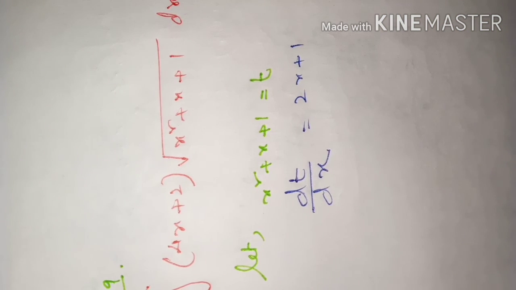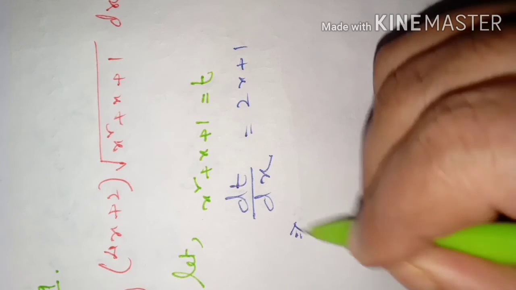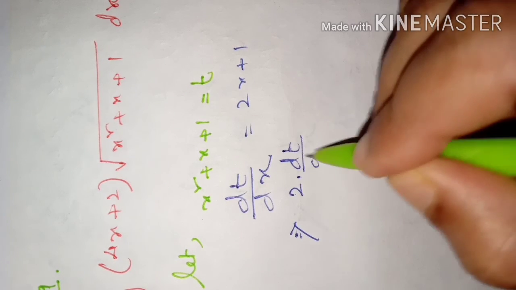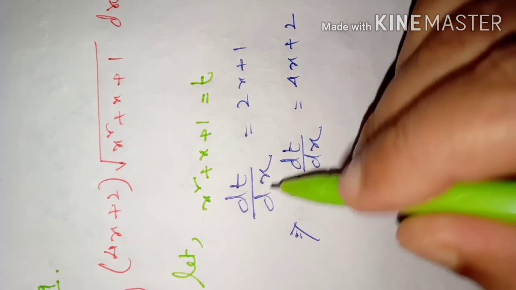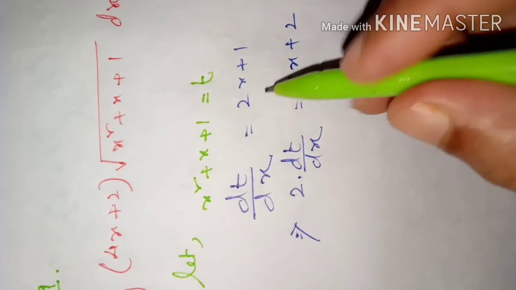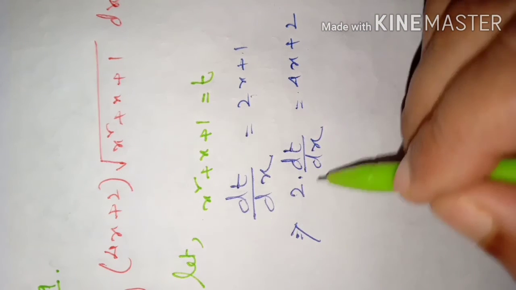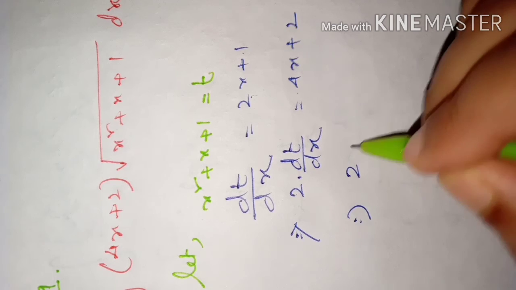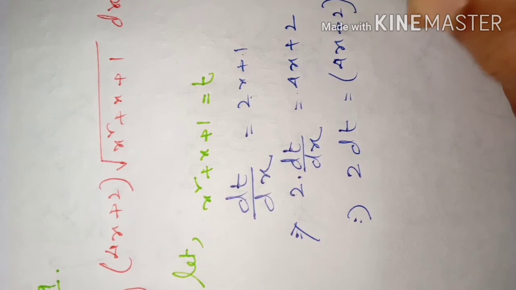If we multiply 2 on both sides, 2 dt by dx will be equal to 4x plus 2. So dear students, now you see, twice dt is equal to 4x plus 2 into dx.